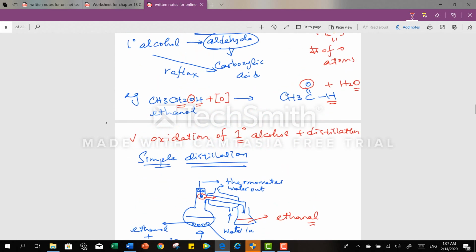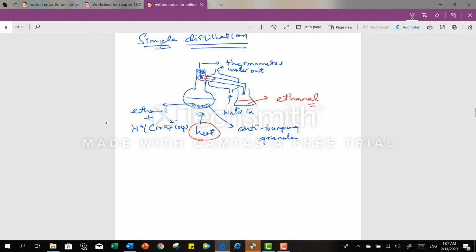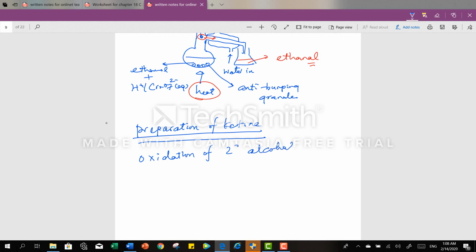And then we go to preparation of ketone. Preparation of ketone also uses oxidation of alcohol, but instead of primary alcohol, we will oxidize secondary alcohol. Now for this one, you can use heating and reflux because the ketone is resistant to oxidation.